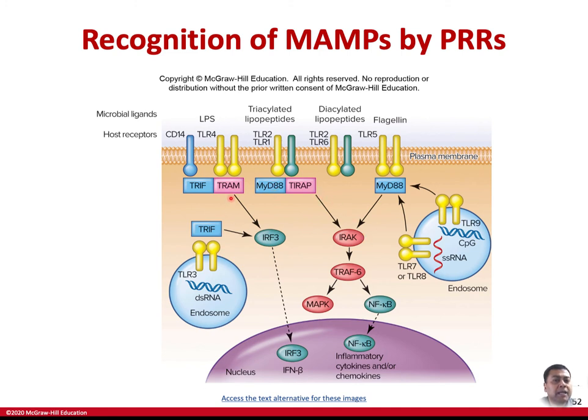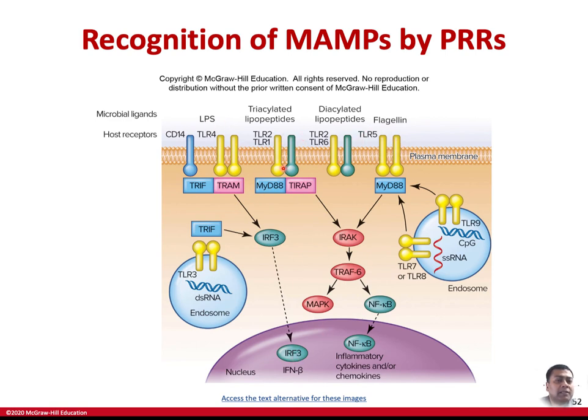And you can see that it can activate, through the IRF3 pathway, a transcription factor which will specifically trigger interferon beta production. So this is a cytokine that is produced by this specific pathway. Double-stranded RNA, when recognized by the TLRs, will trigger this. Also, TLR4, which recognizes LPS, will trigger this IFN beta.